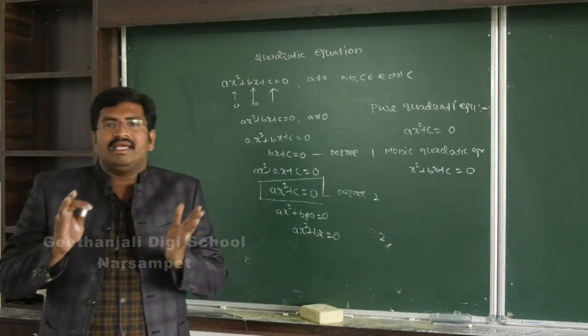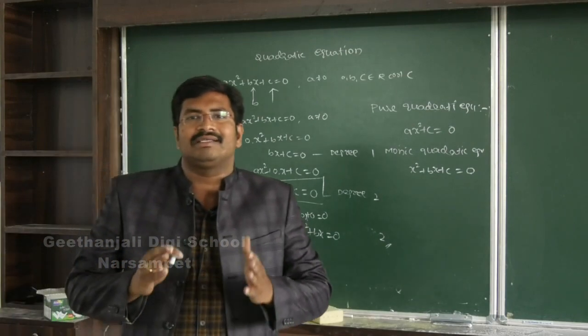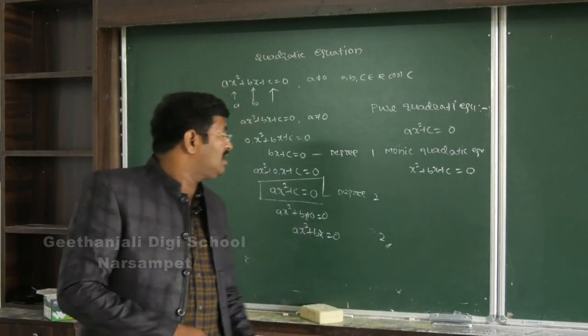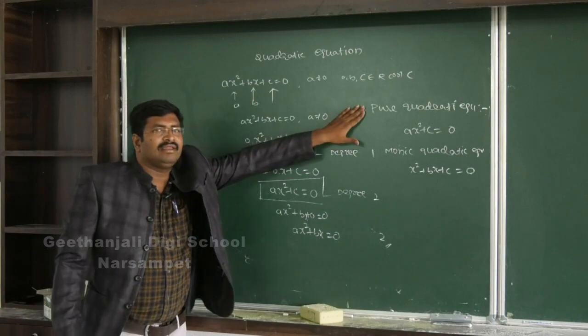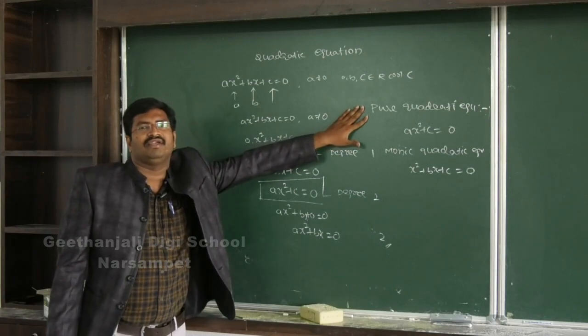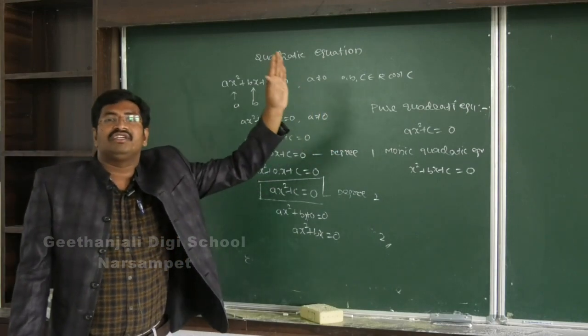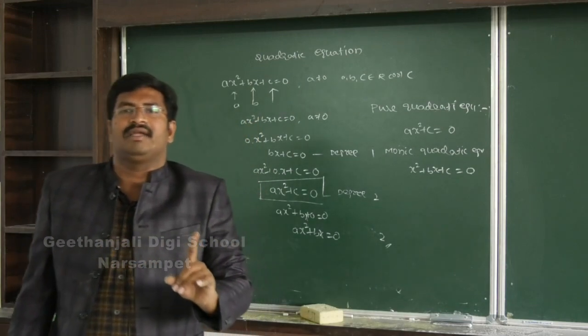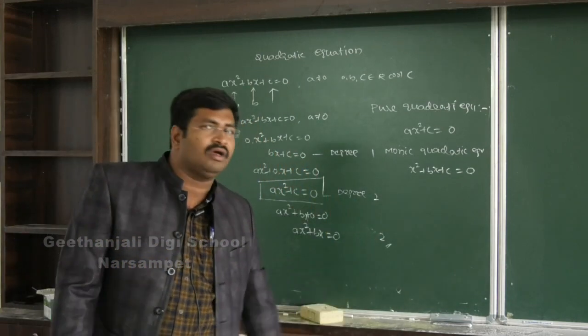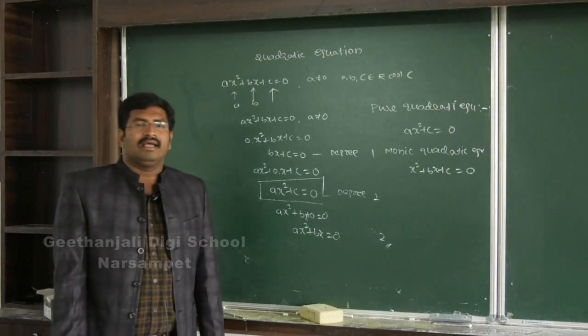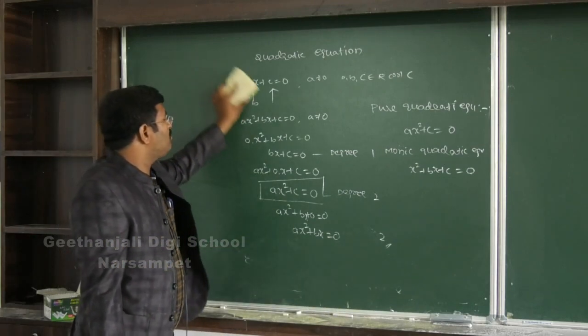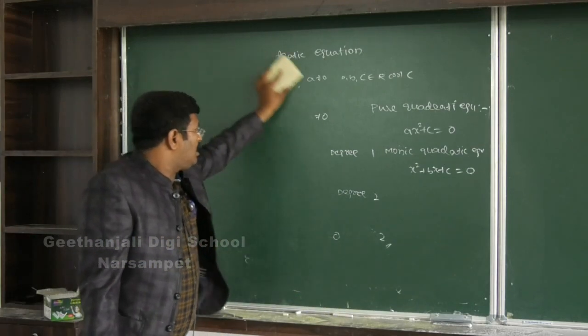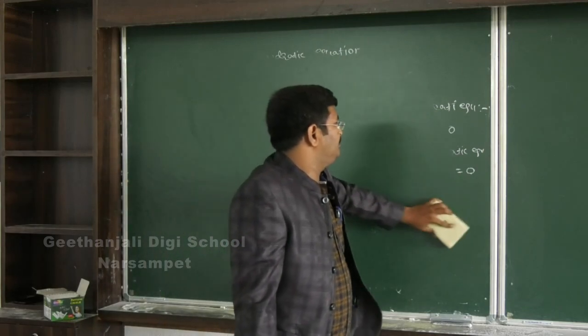If b is equal to 0, the equation is called a pure quadratic equation. If the coefficient of x square is 1, that is a is equal to 1, the equation is called a monic quadratic equation. Now I will go for the roots of the quadratic equation.